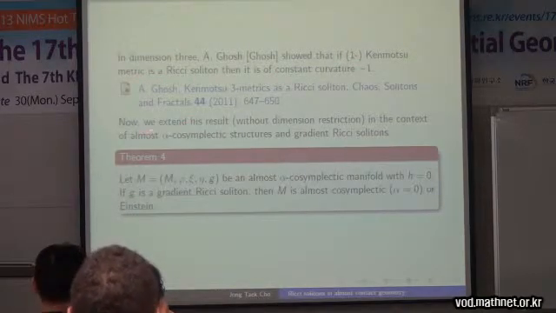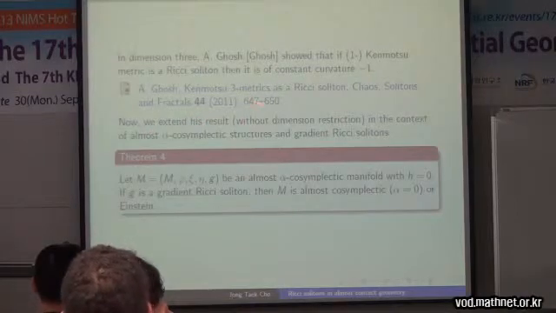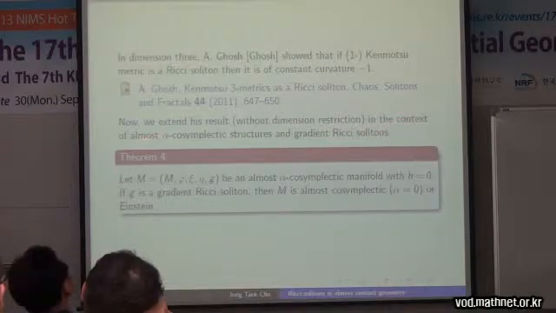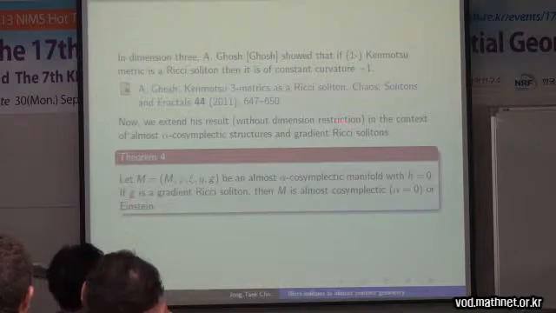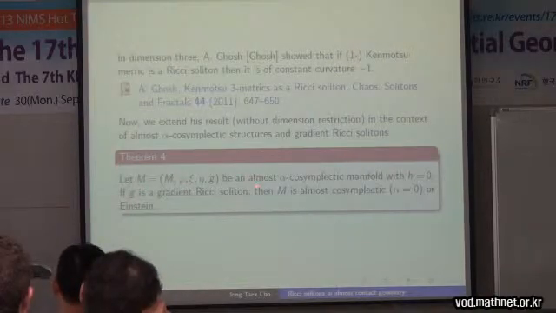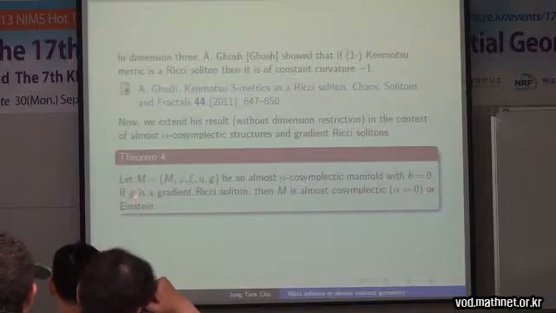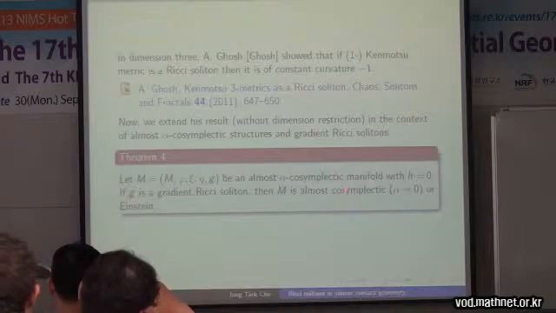Now we extend his result without dimension restriction in the context of almost alpha Kenmotsu structures and gradient Ricci solitons. Theorem 4: let M be an almost alpha Kenmotsu manifold with h0. If g is a gradient Ricci soliton, then M is almost Kenmotsu, that is α is 0, or Einstein.